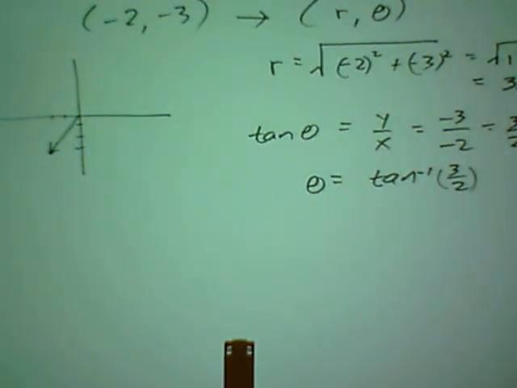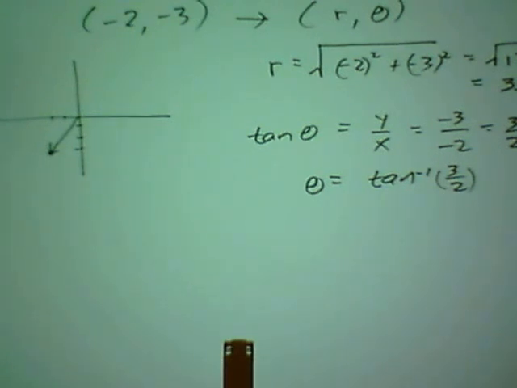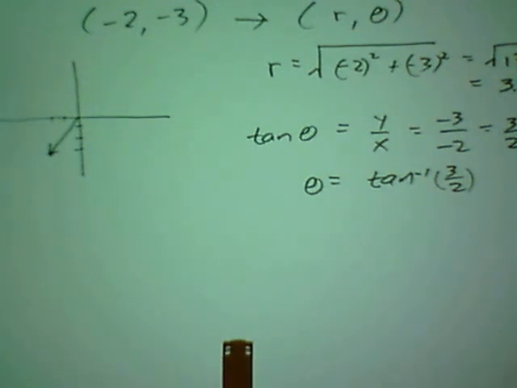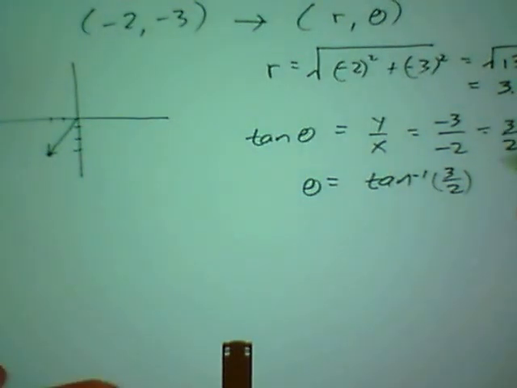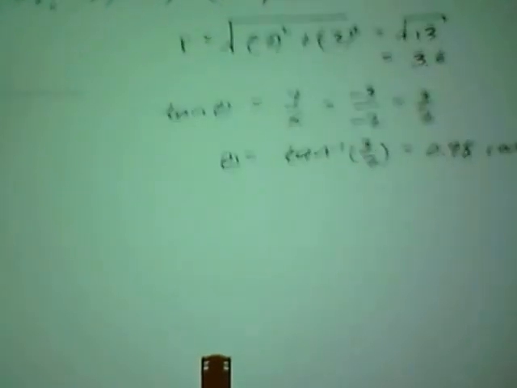So I grab my calculator, inverse tangent, and I'm leaving my calculator in radians because these polar coordinates are in radians. So make sure you're in radians. Inverse tangent gives 0.98 radians.